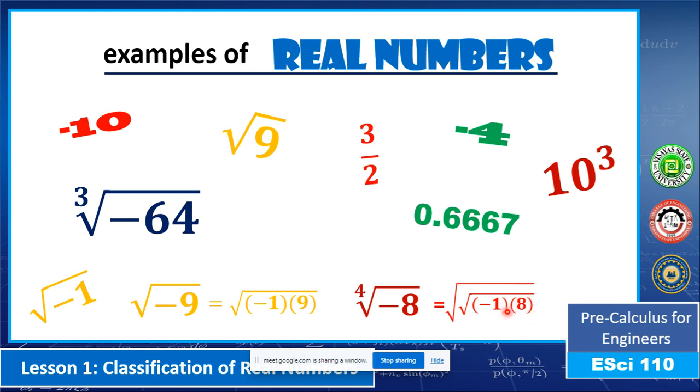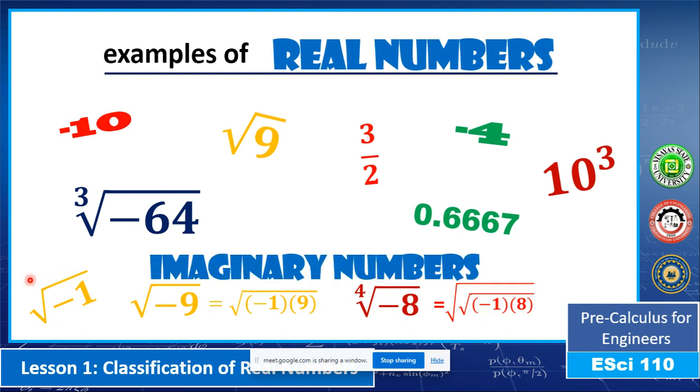But how about the -1 beside it? It cannot be extracted, so it is part of the imaginary numbers. Therefore, the numbers below here are not real numbers. Only the numbers above are real numbers.